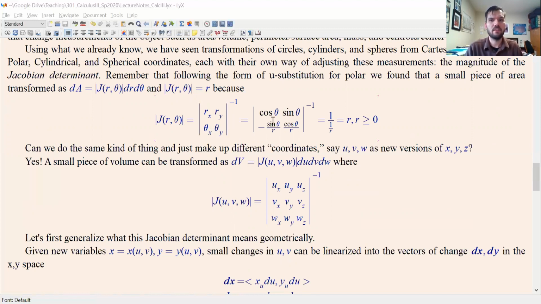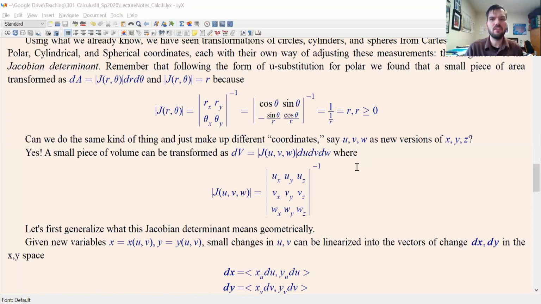And computing out the pieces, we get r. And because r is a non-negative value, we don't have to take the absolute value of it. It's already done. But in general, we want to look at the absolute value of this Jacobian determinant.